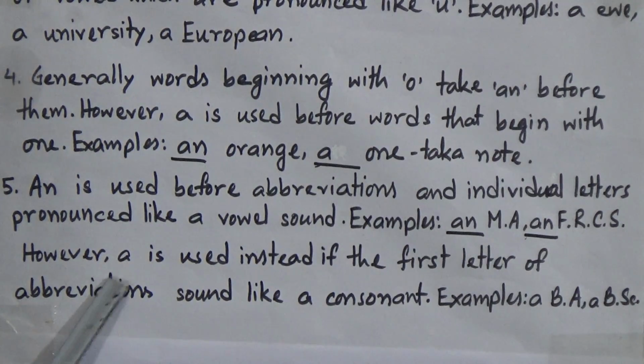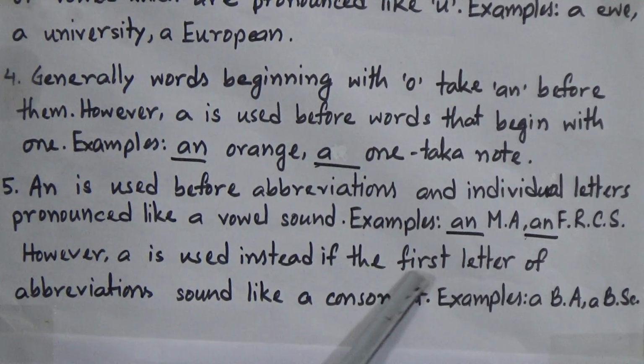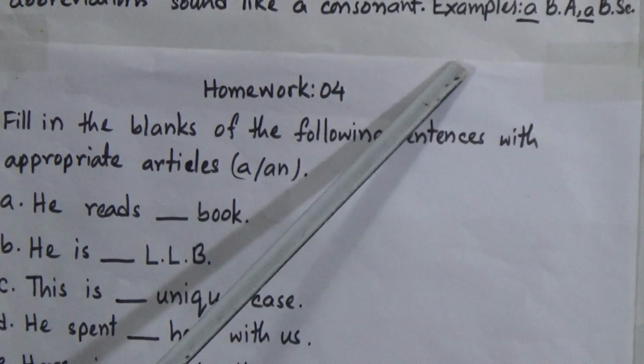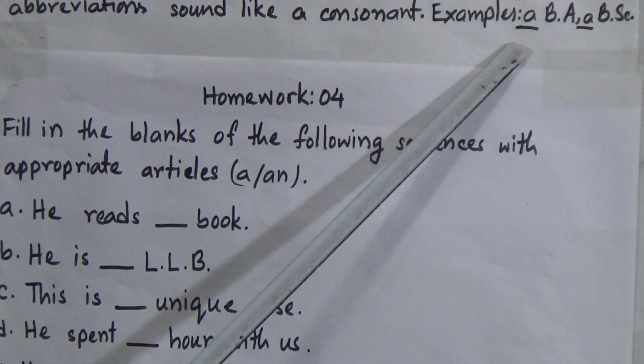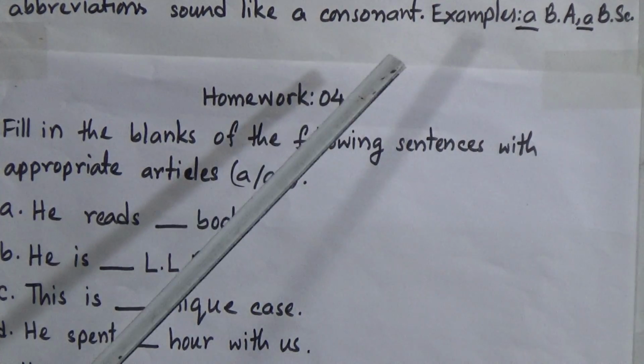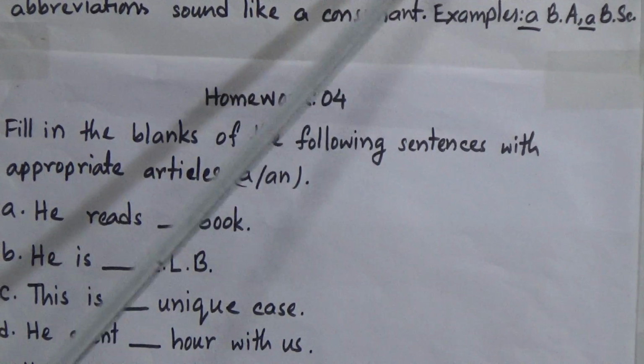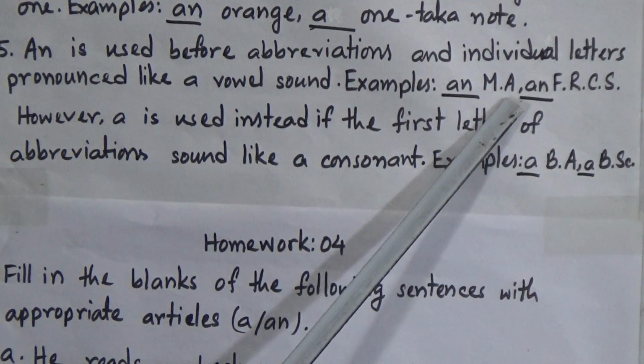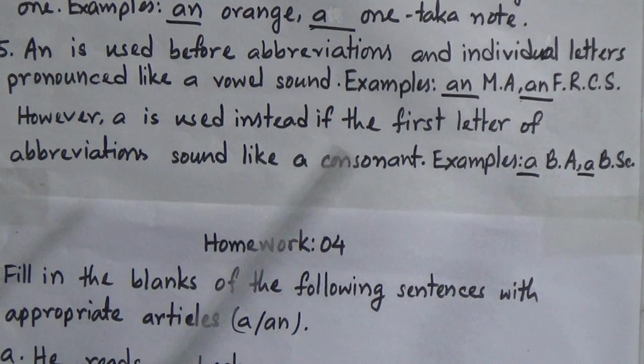However, A is used instead if the first letter of the abbreviation sounds like a consonant. Examples: a BA, a BSc. If the first letter sounds like a consonant, we use A, and if it sounds like a vowel, we use AN. So these are the general rules, the uses of A and AN.